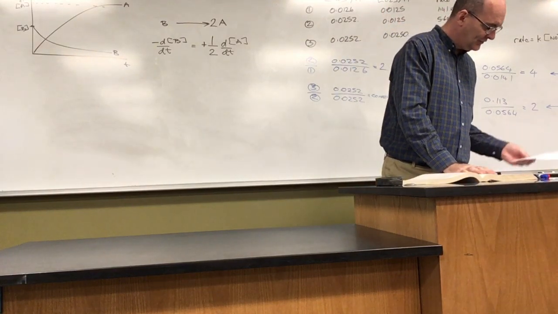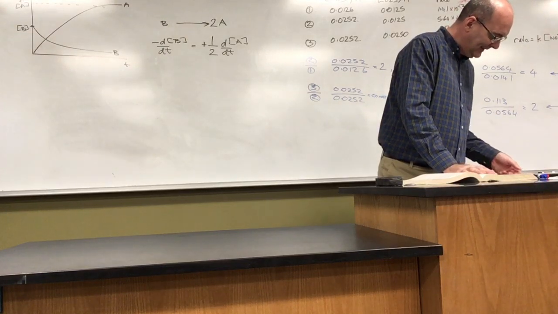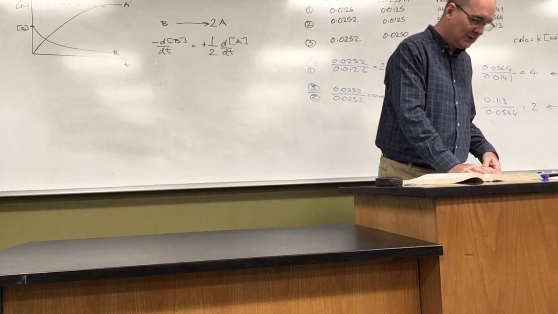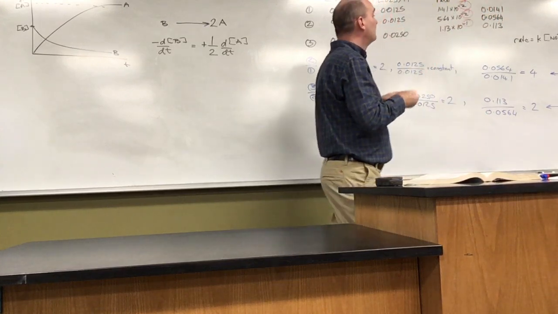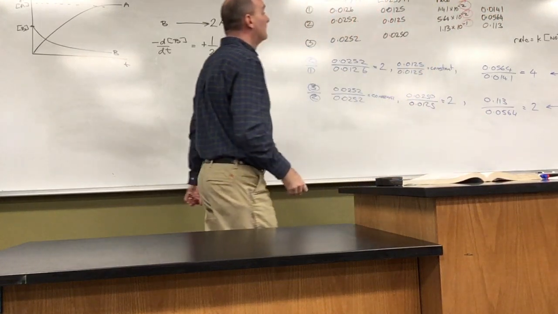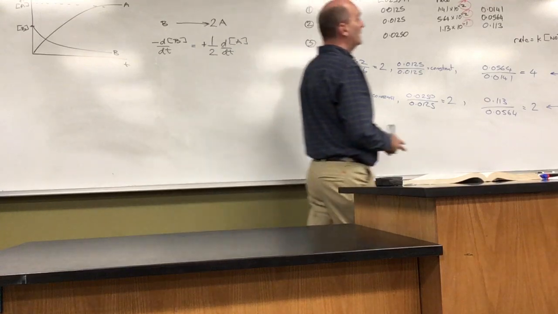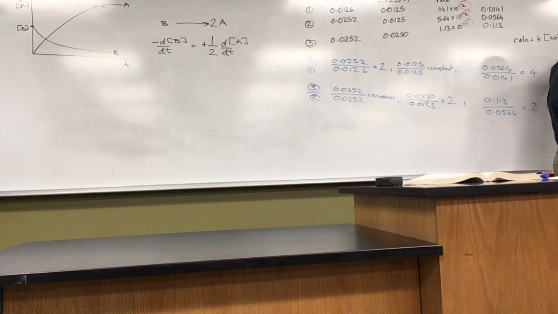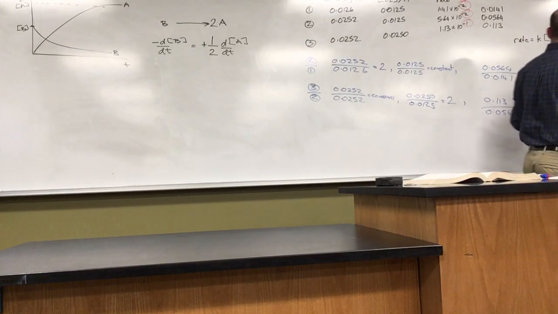The next part of the question says, find the average value of the rate constant. So what you would do is you would rewrite the equation this way. K equals rate divided by this concentration squared divided by that concentration.